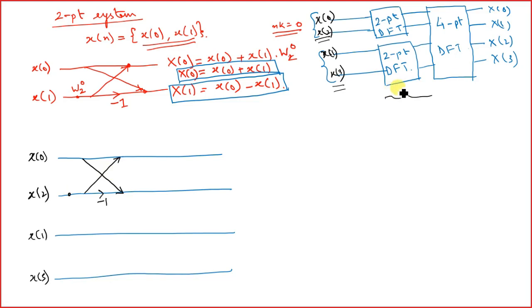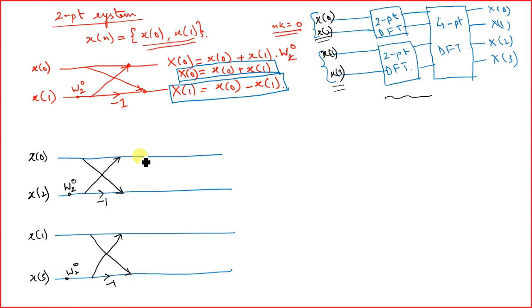We are performing 2-point DFT, so our twiddle factor would be W2^0. Similarly, when we go downside, we get W2^0 with a minus 1.